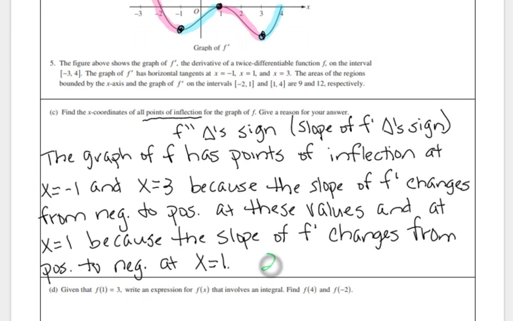For this one, it was worth 2 points, so it's 1 point for getting those 3 x values, so x equals -1, 3, and 1. And then it was 1 point for your reasoning.